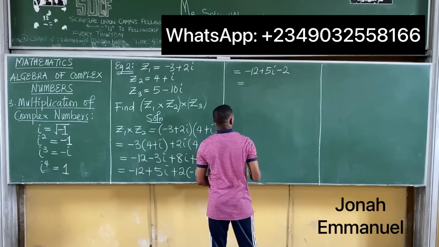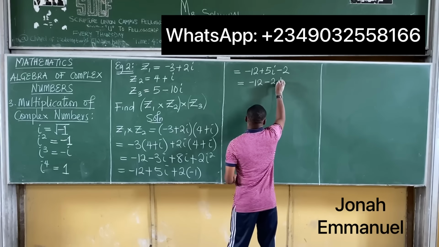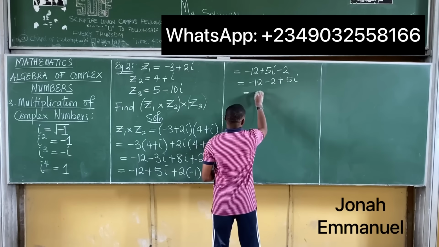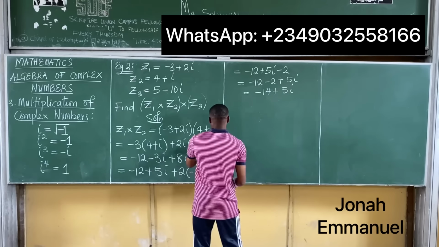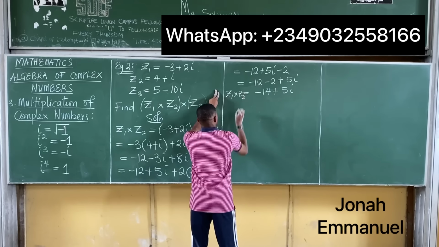So if I take the real part, minus 12 minus 2, the imaginary part, plus 5i. Minus 12 minus 2 is minus 14 plus 5i. This is the value of z1 times z2.